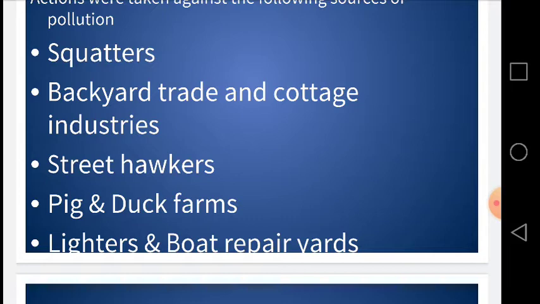And then they work on the pig and the duck farms. Pig and duck farms were major source of pollution. By 1982, all pig and duck farms were phased out in Singapore. Lighters and boat repair yards. Lighters and boat repair yards pollute the rivers with oil and solid wastes.